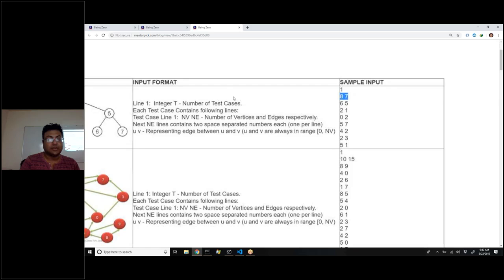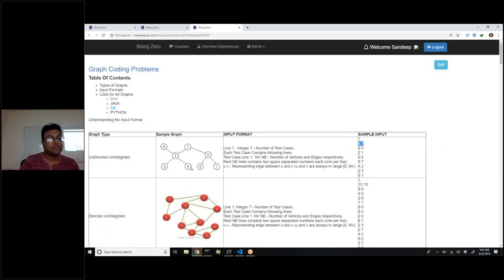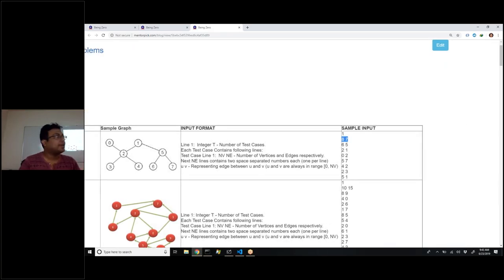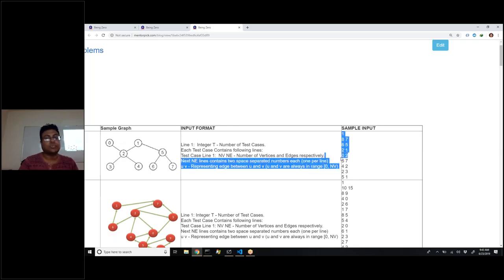So ideally, if you look at this graph, how many vertices are there? How many nodes are there? 8, including 0 to 7, both inclusive. So we are saying 8 vertices. Edges wise, every line is telling which vertex is connected to which other vertex. So 0 is connected to 2. So we say 0, 2 is an edge over here.